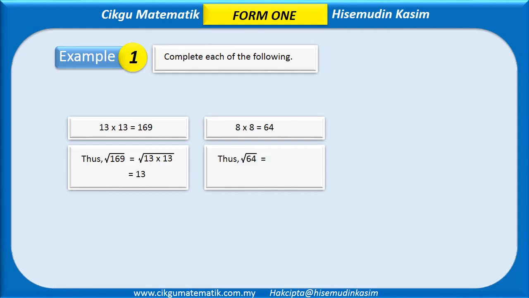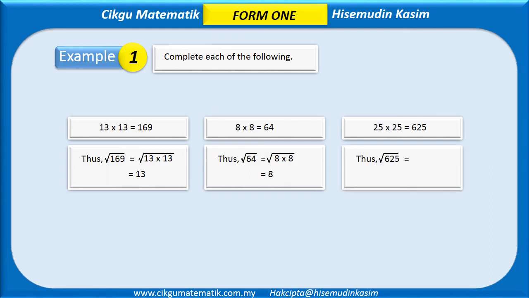Thus, the square root of 64 equals the square root of 8 times 8 equals 8. 25 times 25 equals 625. Thus, the square root of 625 equals the square root of 25 times 25 equals 25.